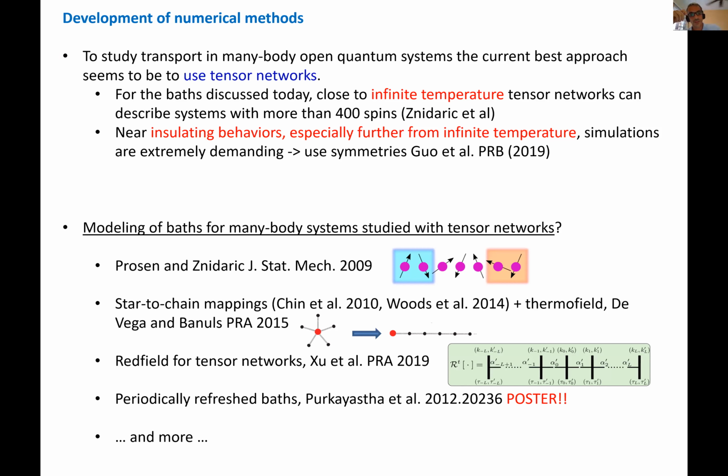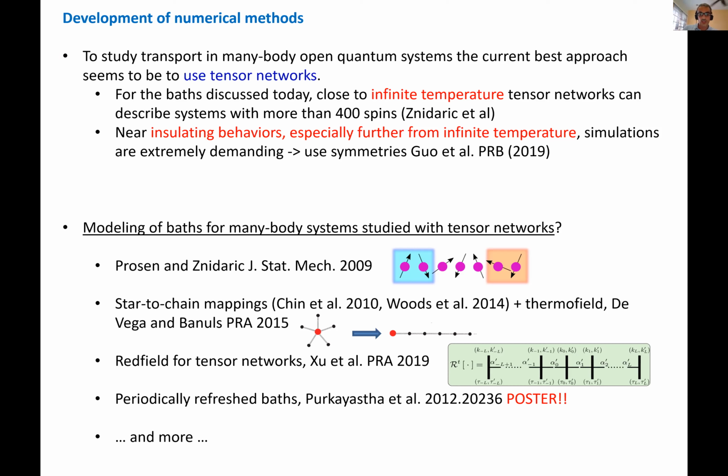For example, Prosen and Žnidarič in 2009 came up with this idea of applying some local linear baths on the two sides or a portion of the system, and that is very good to simulate high temperatures. Then in 2010, 2014, but also later some evolutions in 2015 adding thermofield, there were works on star-to-chain mappings. The 2010 work was mostly driven by Martin Plenio's group, Susana Huelga, and so on.